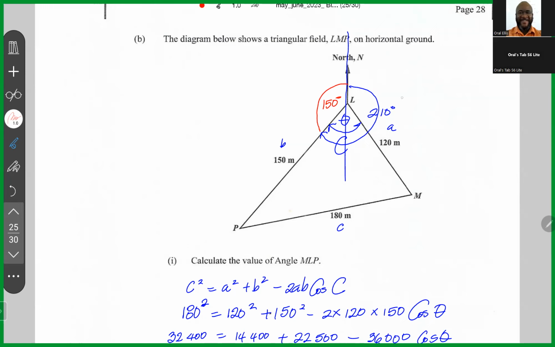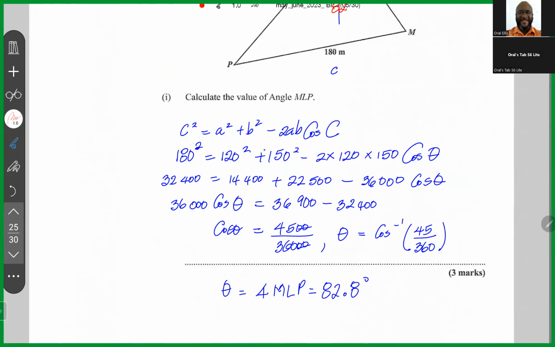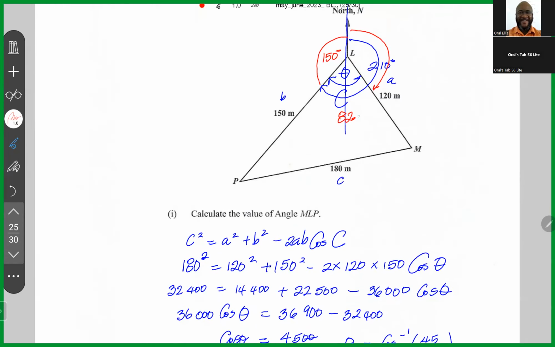Now, the bearing of M from L is this angle here. The angle here in the middle is 82.8 degrees. So we could say roughly 83.